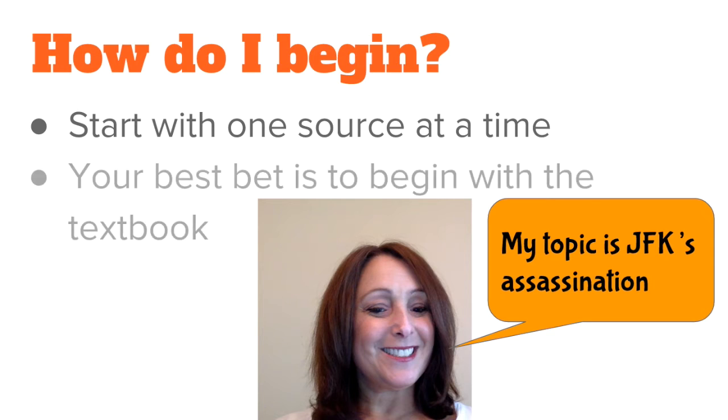Most of you are going to have the best bet by starting with your textbook. So with my sample topic of JFK's assassination, I'm going to start by going to our TCI textbook. Once I decide what my first source is going to be, that's when I start with my note cards.